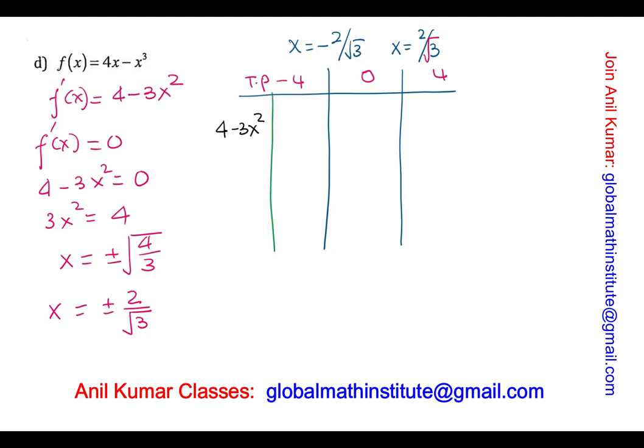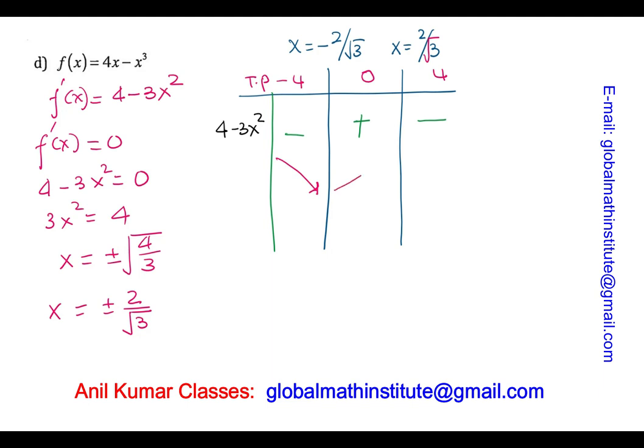If I substitute minus 4 for x, I really get a very high negative value, right? So this will be negative. Substituting 0 will give me positive 4, and substituting 4 will again be negative. So we see that the function will be decreasing in the interval before minus 2 over square root 3, and then increasing, and then decreasing.